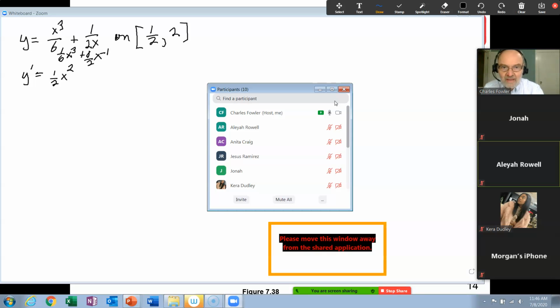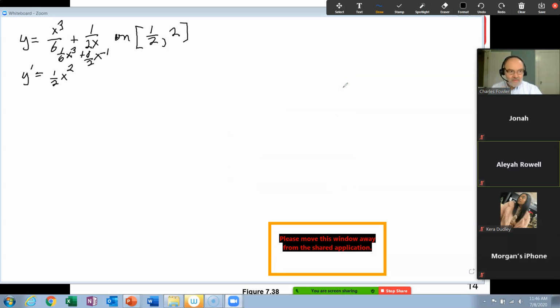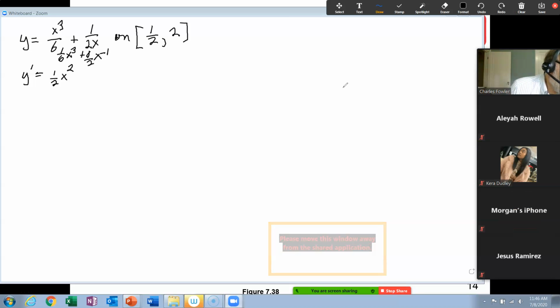Got it. Okay. So I'm going to get this out of the way again, and let's go back to where we were. For those who just came in, Anita and Jemanuel, we're in Chapter 7, Applications of Integration, Section 7.4, Arc Length and Surfaces of Revolution. We're on the arc length part right now.